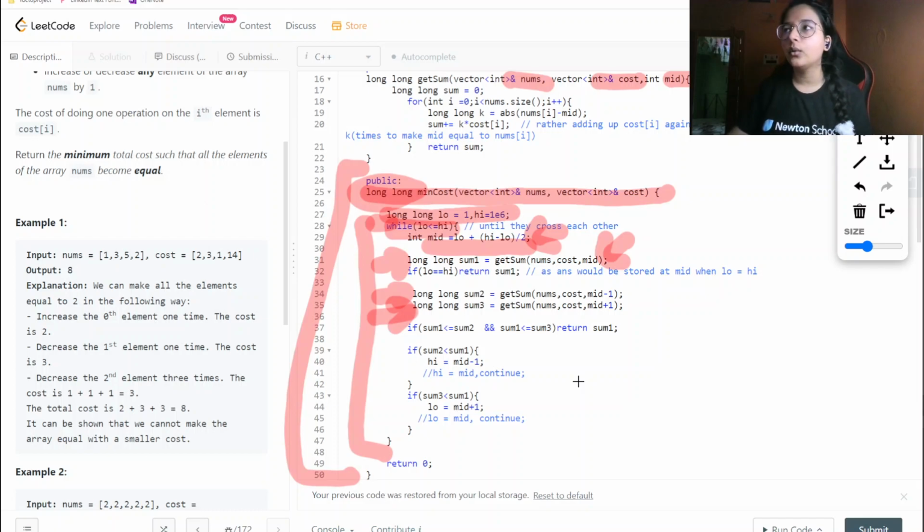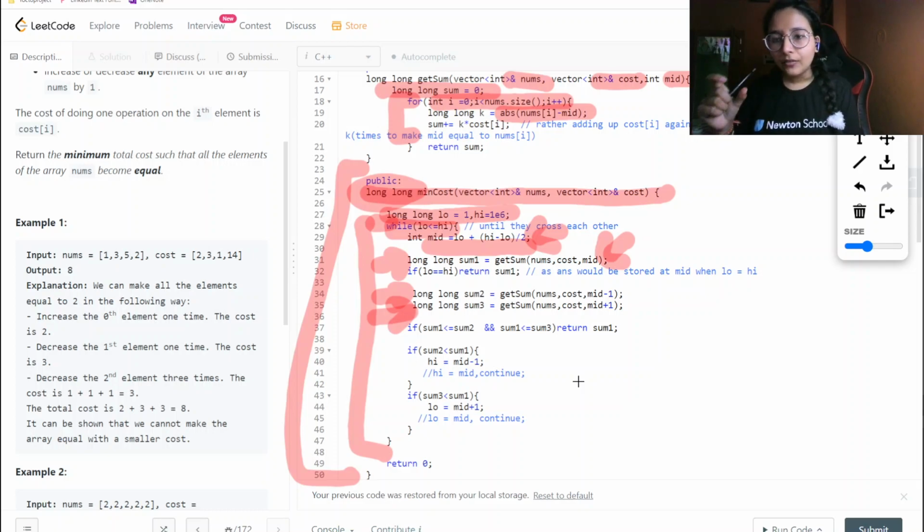And now here we are going with the long sum which will be storing our answer. This is the part which I had explained last time: cost multiplied by our element minus the middle element which we have passed. We are traversing the size of nums, and after that we are taking the absolute value, because there were elements which were giving us minus 1 or 1, but we were required just to multiply with 1, not with the sign.